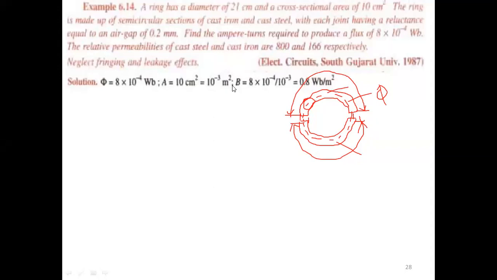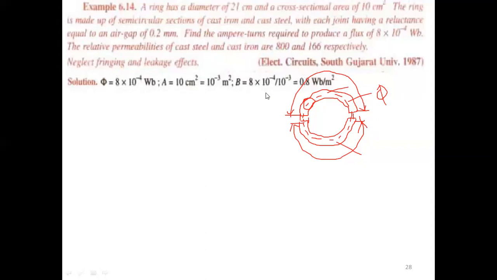We know that B equal to phi by A. Phi is given, A is given. B equal to 8 into 10 to the power of minus 4 divided by 10 to the power of minus 3. You calculate that one here now. 0.8, correct answer.